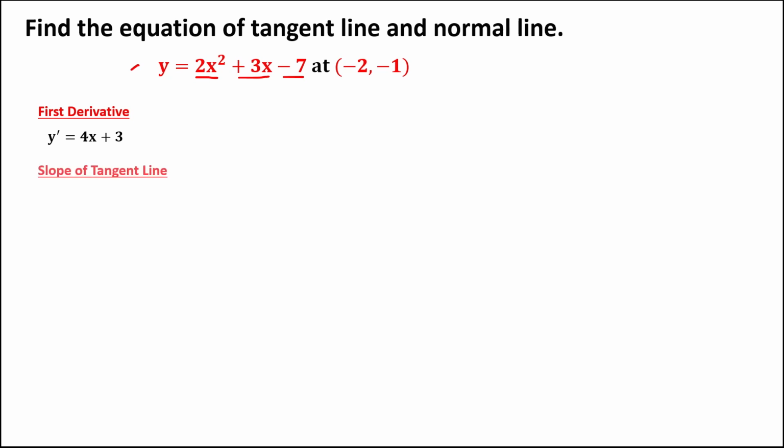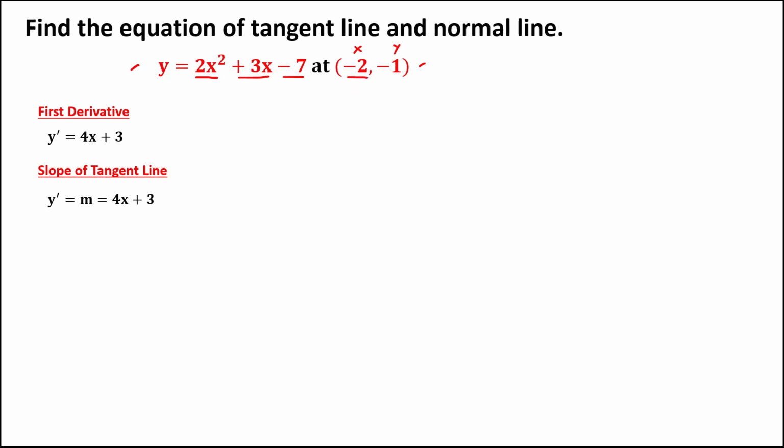Then we can find now the slope of the tangent line because the first derivative is equal to the slope of the tangent line, and that is equal to 4x plus 3. Then from this given coordinate, this is x and y. So x is negative 2.